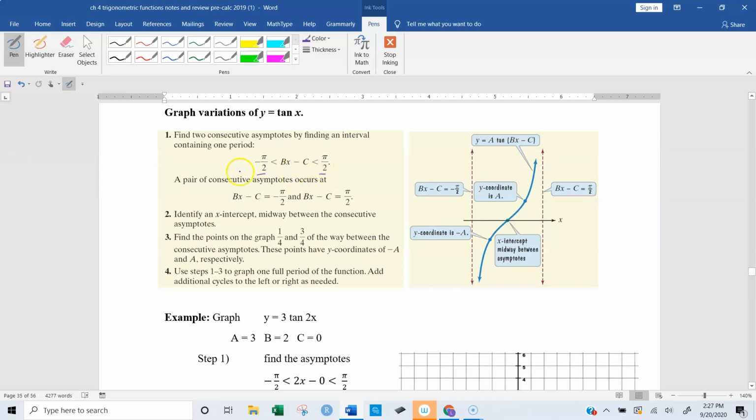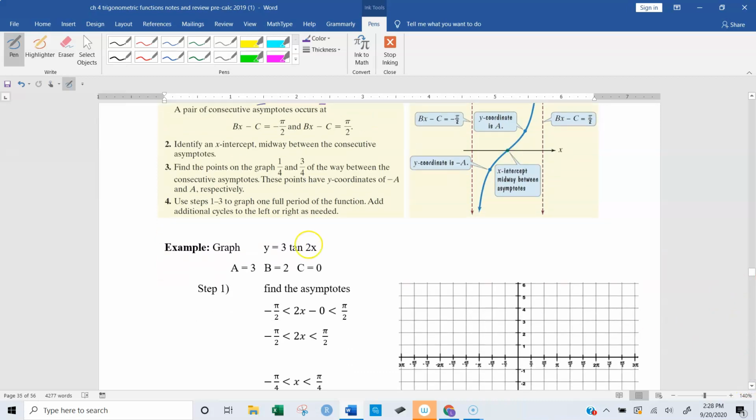We solve by adding the c and dividing by the b, and that will give us our critical points on our graph. All right, now when you look here, the a is not actually a max or a min this time, it's a stretch. So it will stretch how fast the tangent line increases, but it does not change that it still goes on for infinity.